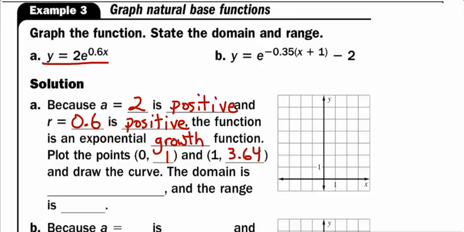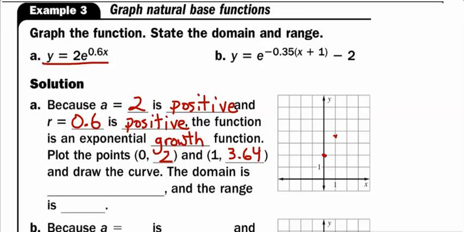If you plug 0 in with a calculator, it's e to the 0 times 0.6, which is 0. So that's 1 times 2, that's 2, 0 comma 2. There we go. So the point is actually 0 comma 2, and 1 comma 3.64. So 0, 2, 1 comma 3.64, and we're supposed to go draw a curve.